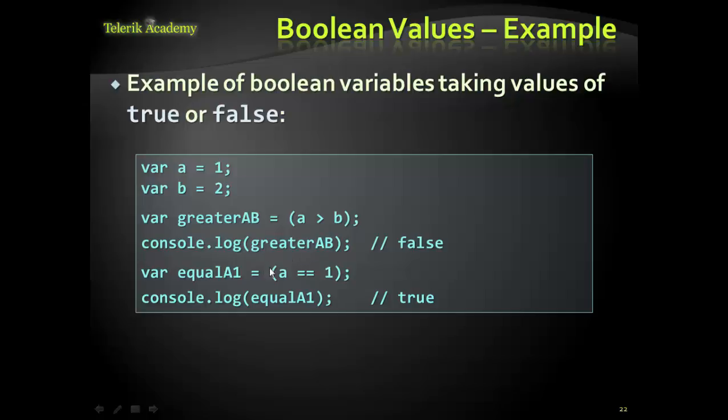So if you want to assign something, you use a single equal sign. If you want to check whether a certain object is equal to another, you use a double equal sign. So in this case, we're checking whether a is equal to 1. It is, so we get here a value of true on this side, and we're assigning it to this variable, and what we'll get here in the output is true.